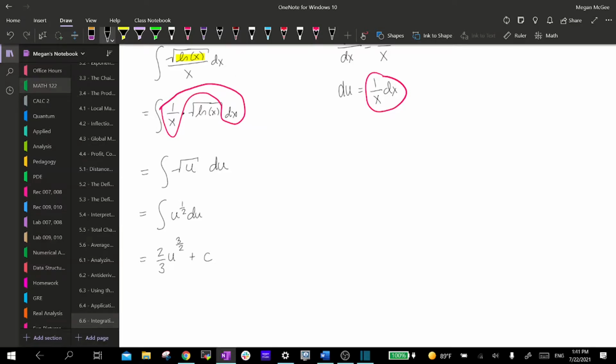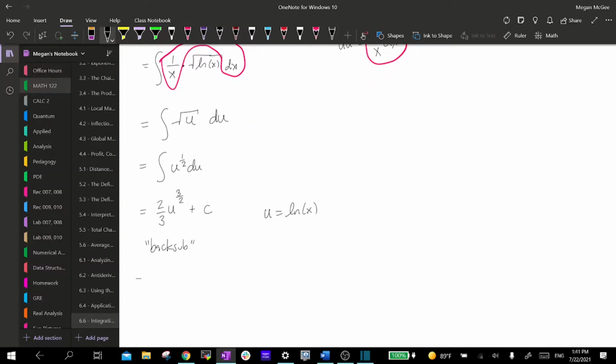We're still not done because we started off in terms of x, and we need our answer in terms of x, but so far we're in terms of u. We said u was equal to the natural log of x. So we're going to do what we call back sub, which is essentially undoing the substitution we made earlier.